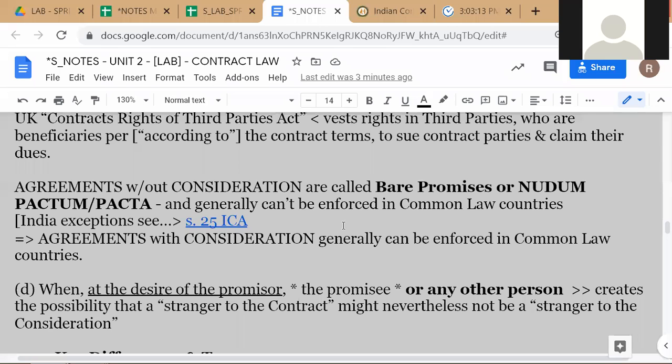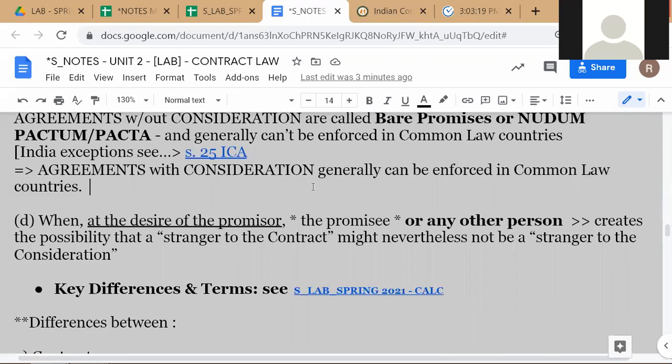Okay, so it's a complex discussion, but consideration is a very important topic in contract law, and a very subtle topic. As you can see, so many elements came into our discussion. So what I'm saying here is, what Section 2(d)'s language is saying is, it's creating a possibility that the stranger to the contract, this guy, definitely a stranger to the contract, because he's not this or this, might nevertheless not be a stranger to the consideration, because he did something which was the consideration for the promise made by this guy.